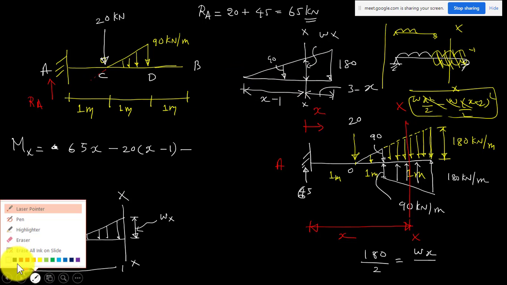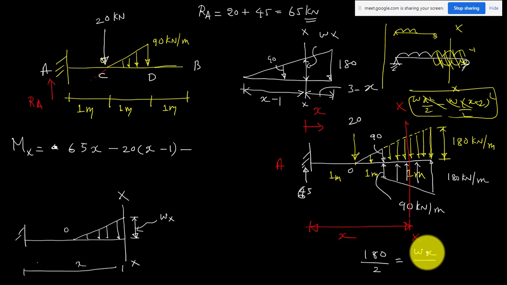That is Wx, W suffix x, divided by x minus 1. So from here you can solve it. So Wx equals x minus 1 into 180 by 2. That is your intensity of the load Wx.